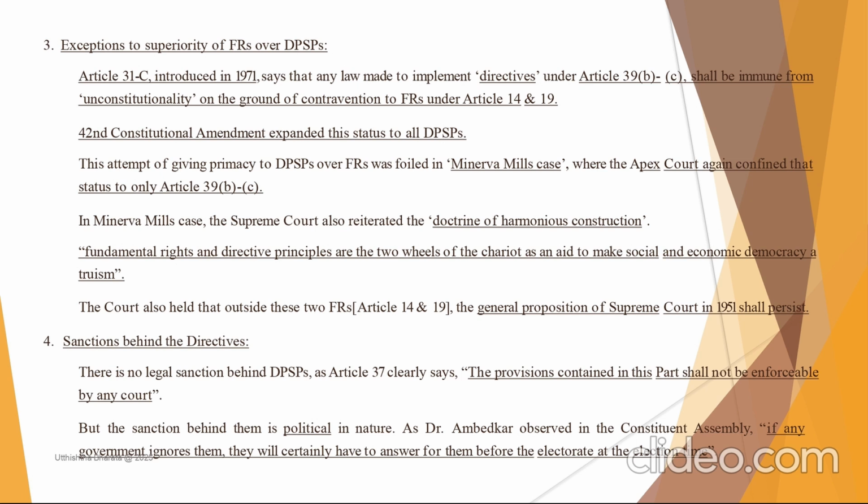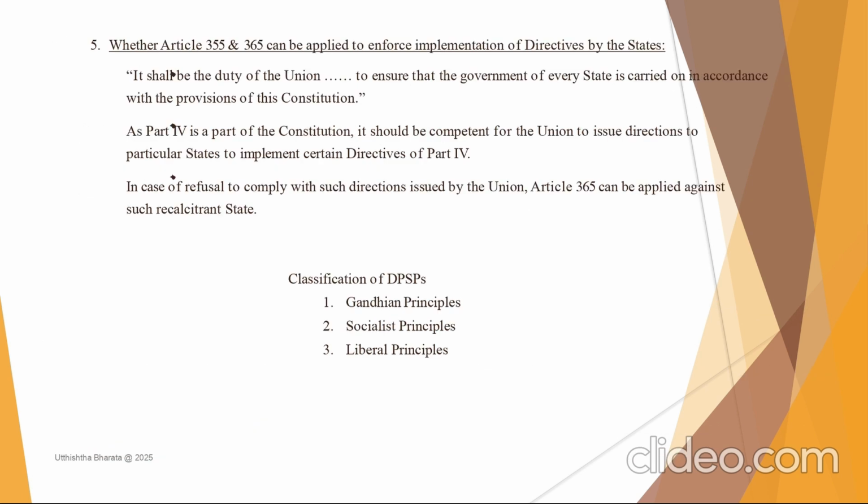As Part 4 is a part of the Constitution, it should be competent for the Union to issue directions to particular states to implement certain directives of Part 4. In case of refusal to comply with such directions issued by the Union, Article 365 can be applied against any such recalcitrant state.